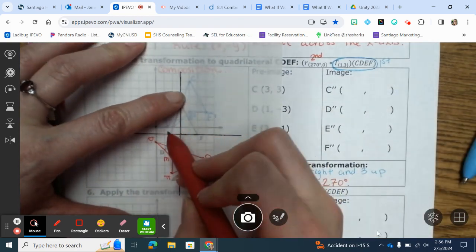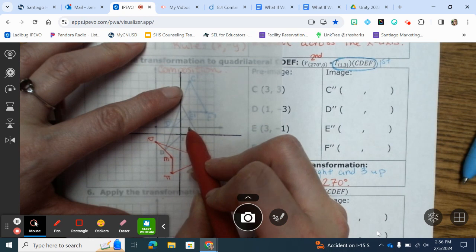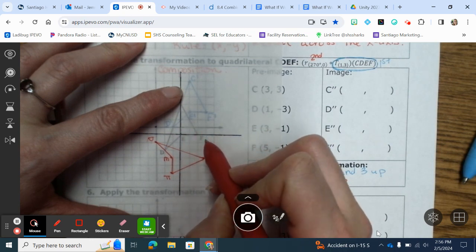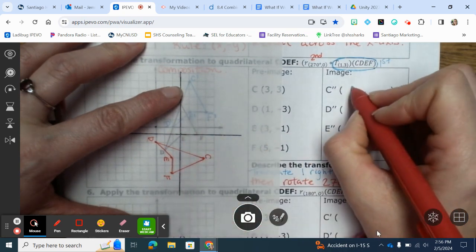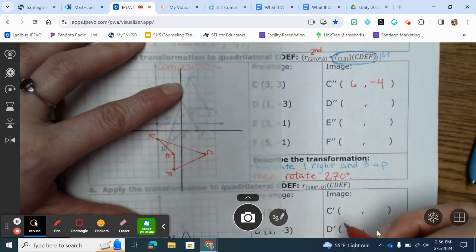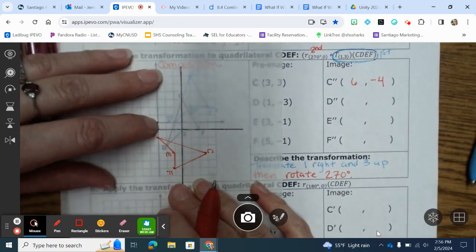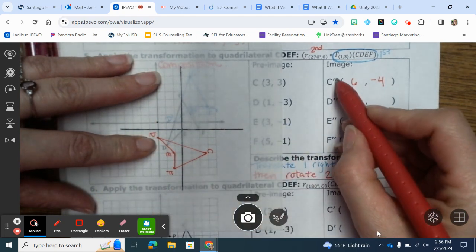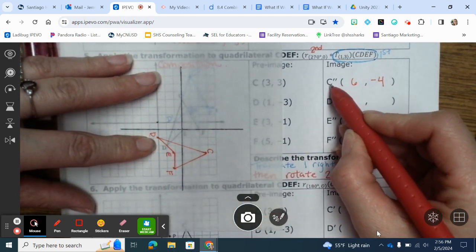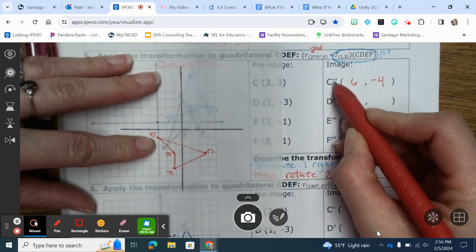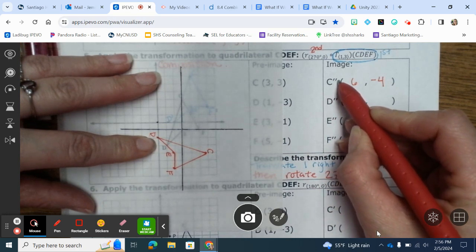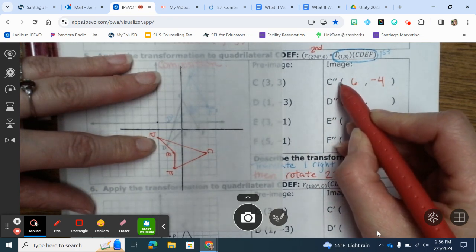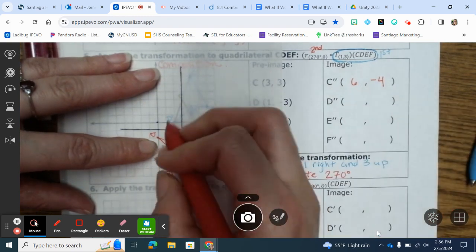And so let's see. This is 1, 2, 3, 4, 5, 6, 2, 3, 4. So this is 6, -4. I'm counting from the origin underneath. I have 2 primes here because this is called C double prime or C prime prime. Because I moved it once, that was C prime. Moved it twice, that was C prime prime.